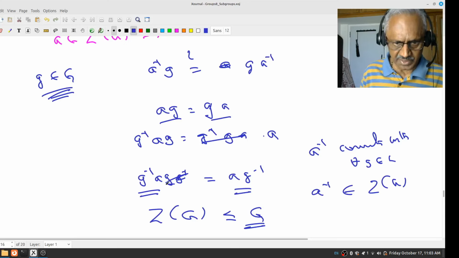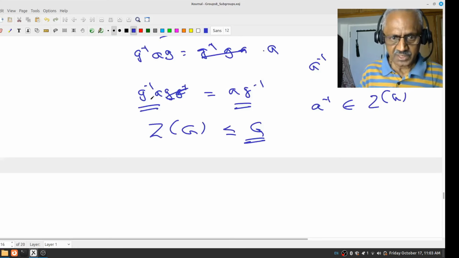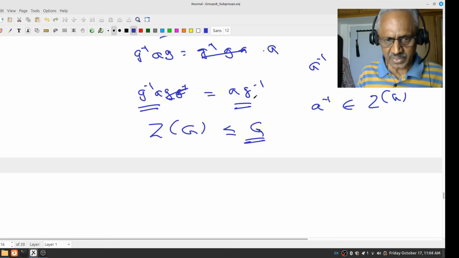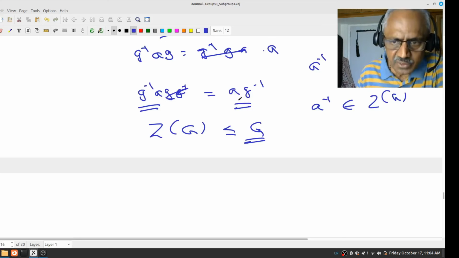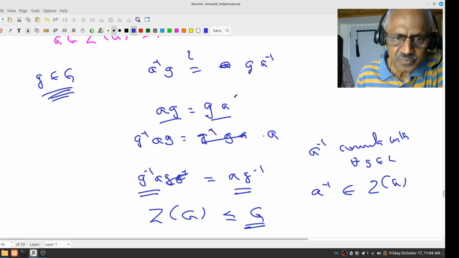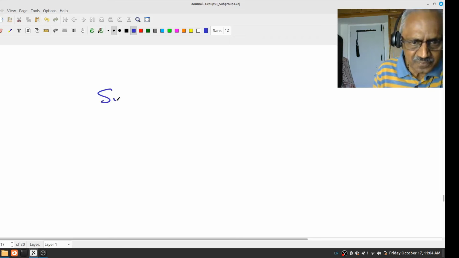Therefore, g inverse a equals a g inverse. That means a commutes with, oh, I wanted to say a inverse commutes with. Oh, okay, sorry. That's very easy. It's good that I revisited.